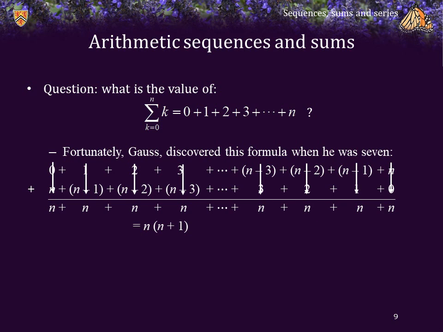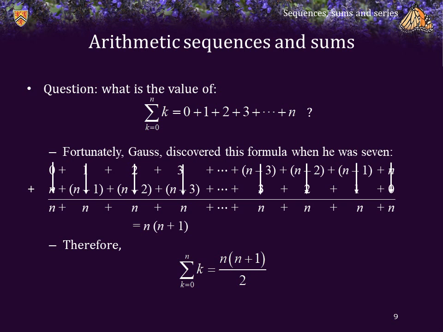So notice that the sum plus the sum is equal to n times n plus 1. Therefore, since both of those sums are equal, one of those sums must be half of that. Therefore, the sum of k going from 0 to n is n times n plus 1 all over 2.